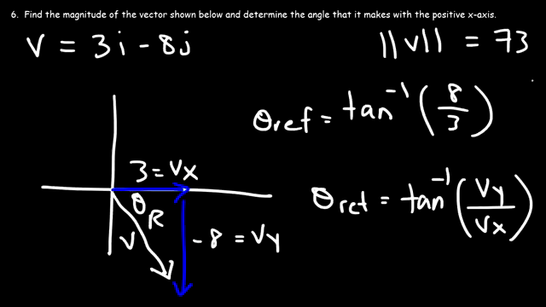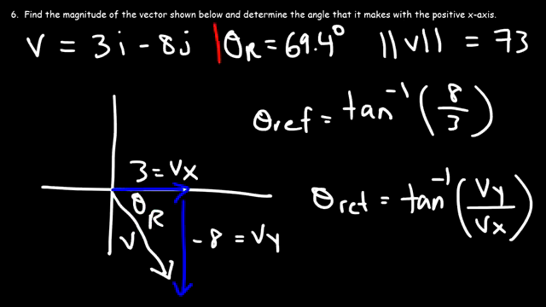And make sure your calculator is in not radian, but degree mode. Mine was in radian mode just now. So you should get this angle. Now this is the reference angle. It's 69.4 degrees.